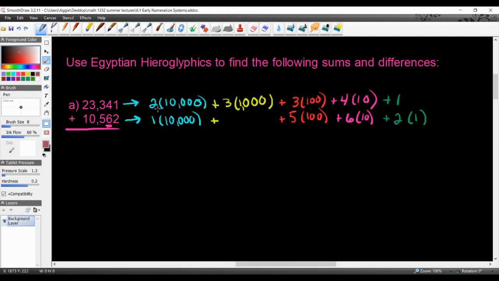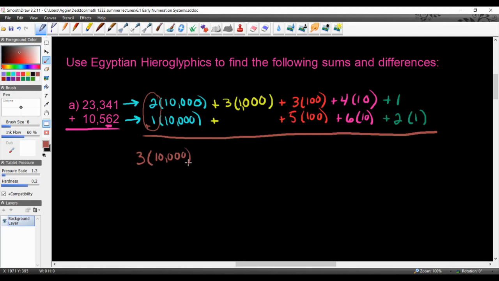So let's add this up. You could do this a couple ways. You can draw every single one out, but I'm going to do it a quick way. You're welcome to do it my way, or you can do it the way it is in the book. What I'm going to do is line up these things right here. So that's 3 of them, so that would be 3 10,000s. Plus there's nothing on this part, so it would still be 3 1,000s.